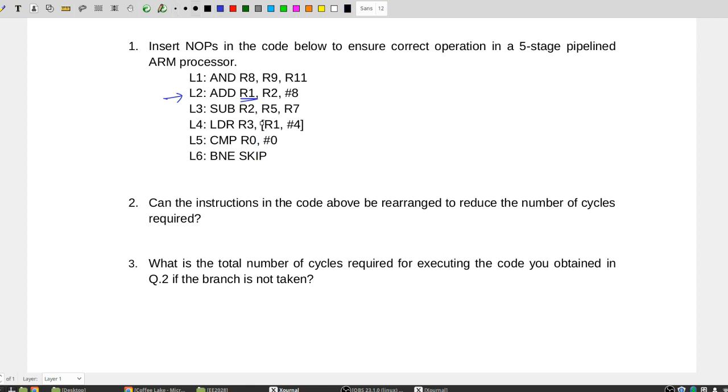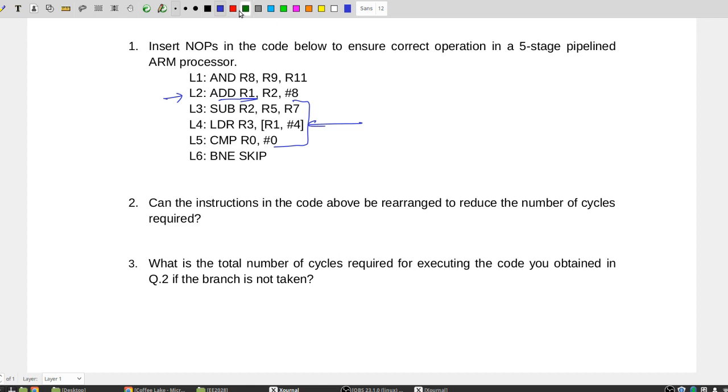And if it is used by any other instruction, you have to check whether it is any of the 3 immediately following instructions. Otherwise, you have no problem. The problem happens only if the R1 that is written by L2 is used by any other instruction within the next 3 instructions. And here, unfortunately, yes, we have a problem, right?